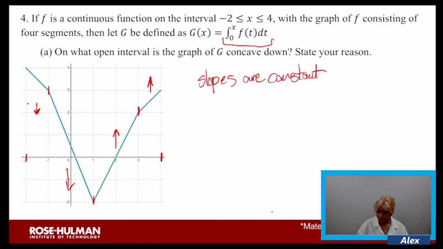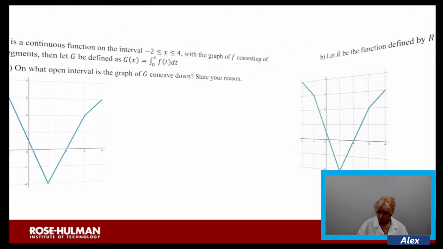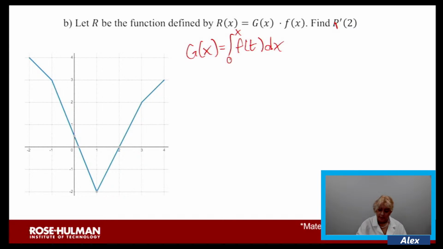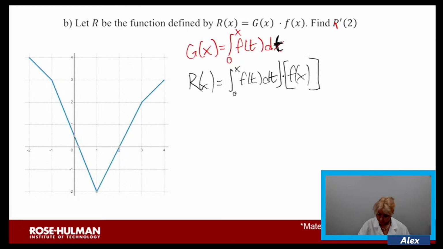So if g of x is the integral from 0 to x of f of t dt, and f of x is just f of x, then that makes r of x equal to the integral from 0 to x of f of t dt times f of x, and we want to find r prime of 2.